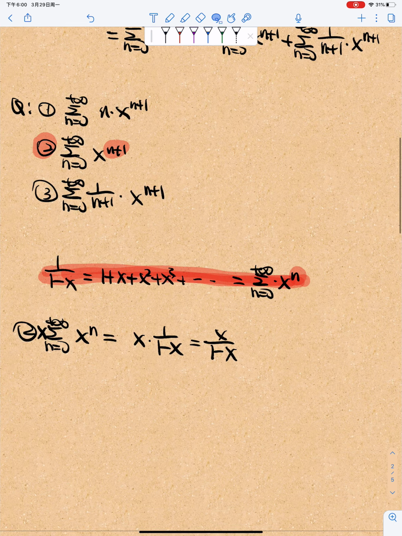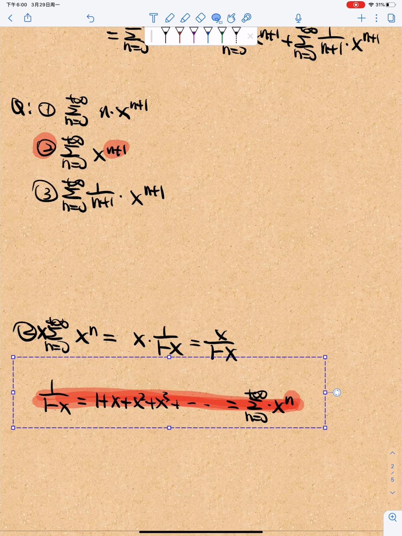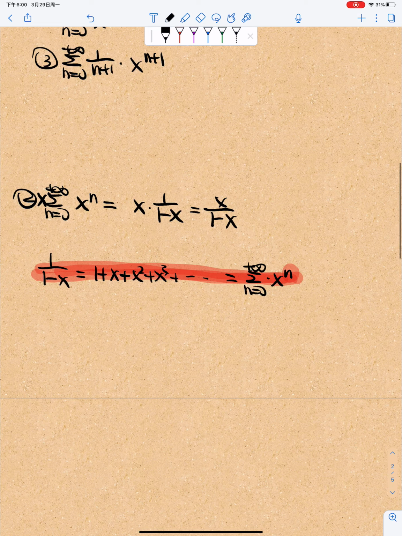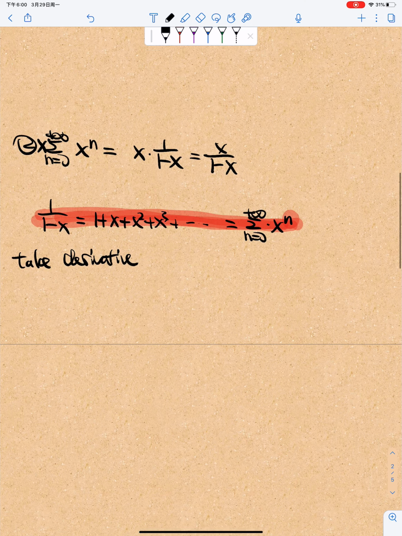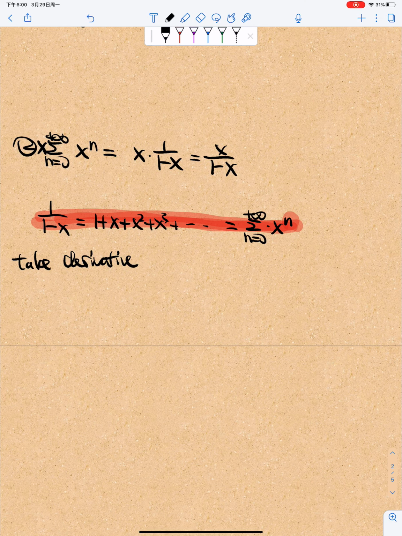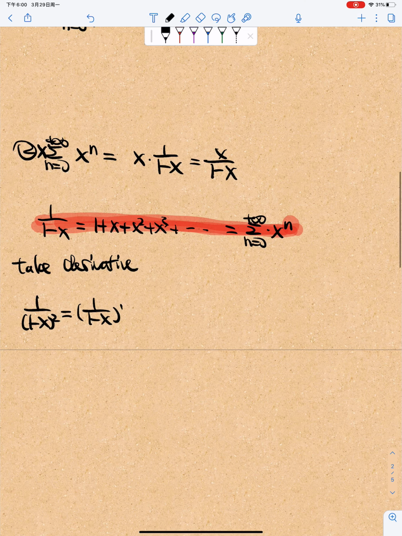So first, let's take the derivative of this. On the left-hand side, we have the derivative of 1 over 1 minus x, and that is equal to 1 over 1 minus x squared.